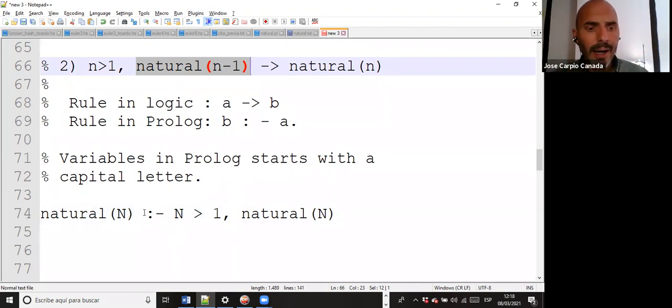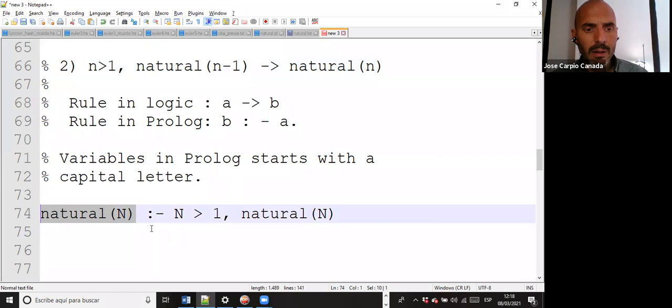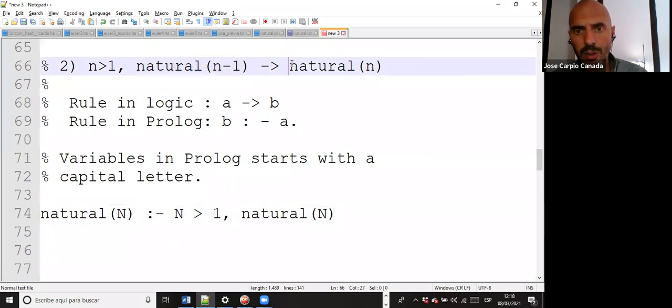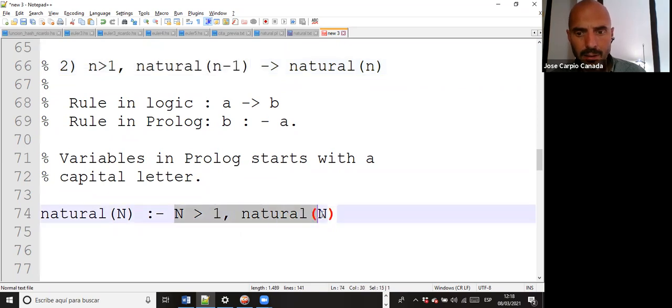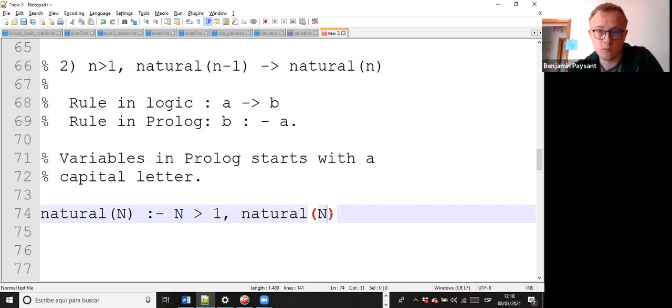So this part here is the consequent. And now I am writing that here. Okay. So what do I have to write here? So natural(N minus 1).